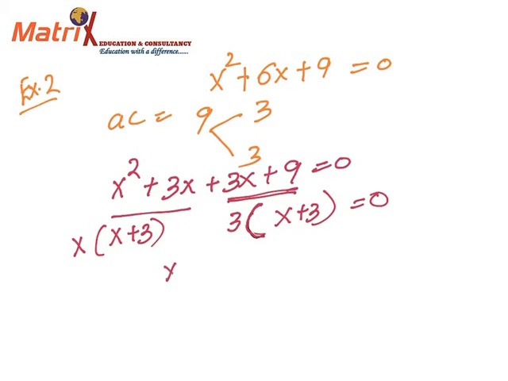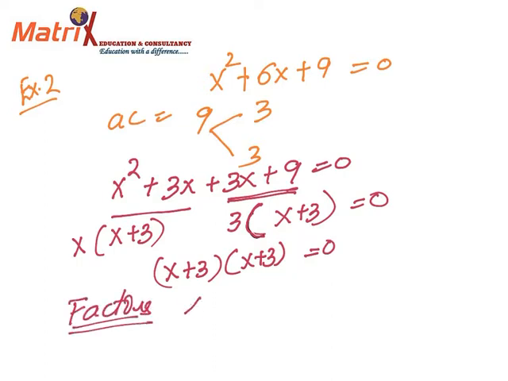So we rewrite x plus 3 and x plus 3 equal to 0, and the factors are x plus 3 and x plus 3. Actually, you don't have to write equal to 0. That's your answer. Simple.